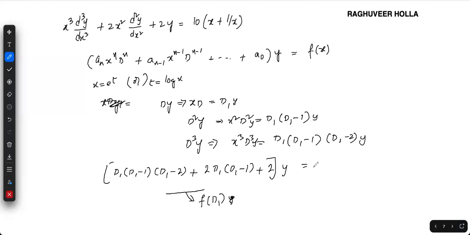This is equal to, as we have taken x as e to the power of t, 10 times (e to the power of t plus 1/x, which is e to the power of minus t). So now let us simplify this.